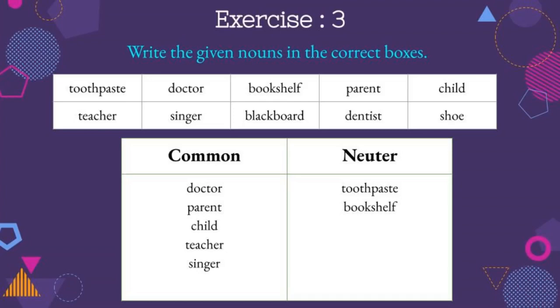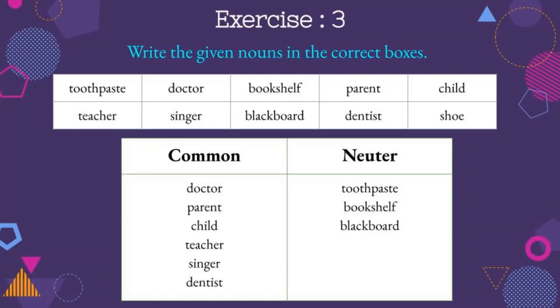And the next one is singer. Singer is also a common gender. It can be both male and female. So write the noun singer in the common gender box. And the next word is blackboard. Blackboard is an object, so we should write the noun blackboard in the neuter gender box. And the next one is dentist.